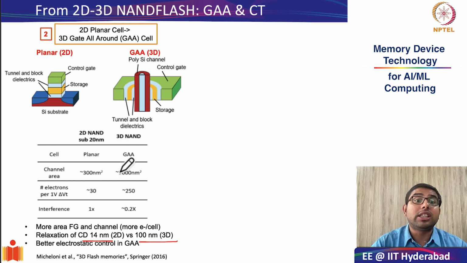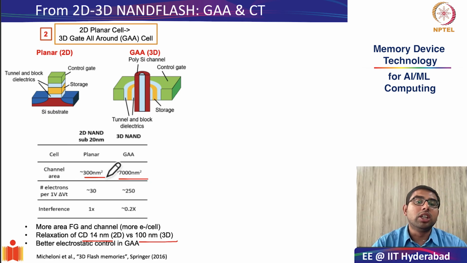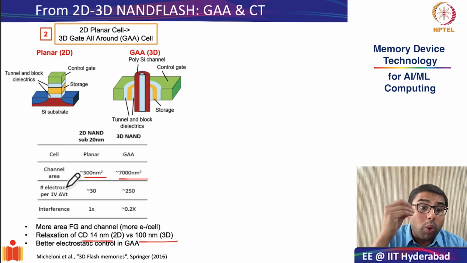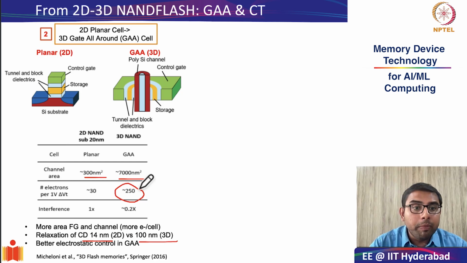Therefore, you are less sensitive about the amount of area each cell is occupying. And as we see, the channel area in gate all around transistors can be 20 times that of planar transistors. And the big difference here is it can store more electrons. It is seen that for advanced technology nodes, per one electron VT shift, gate all around transistors can accommodate 250 electrons, while your 2D NAND flash can only accommodate 30 electrons.